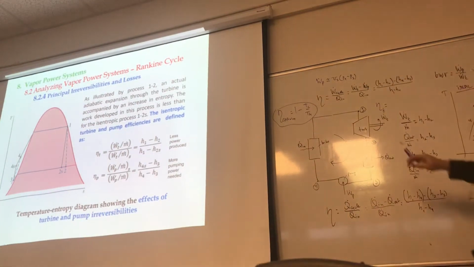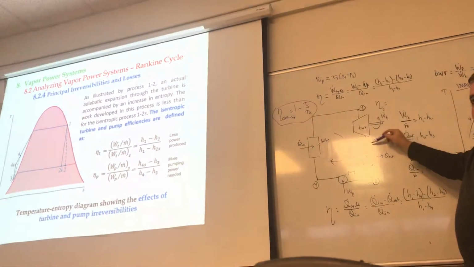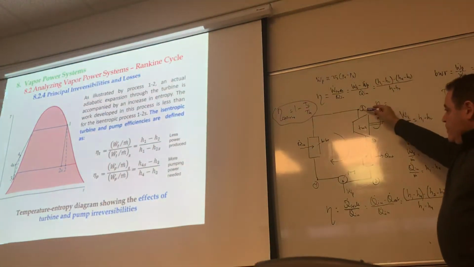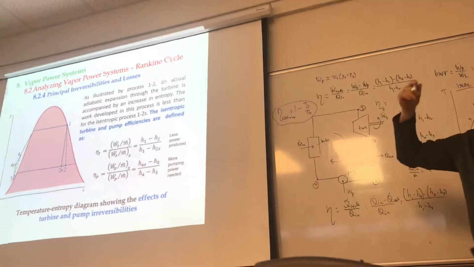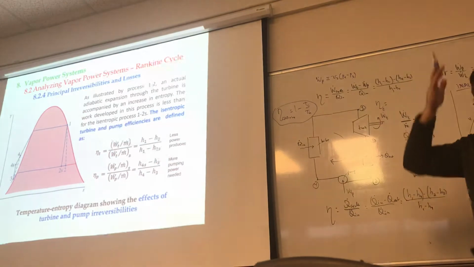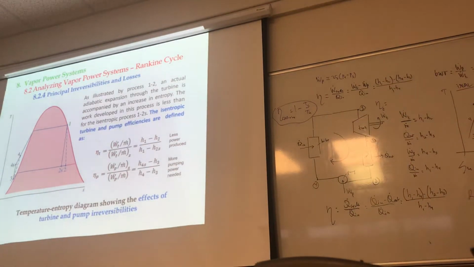In this thing, we are saying that the entropy is constant as you go from 1 to 2. That means as you go from H1 here, H2 will be H2S, because you are assuming that you are isentropic. But in reality, you're not moving from H1 to H2 like this, you're moving at an angle, right?